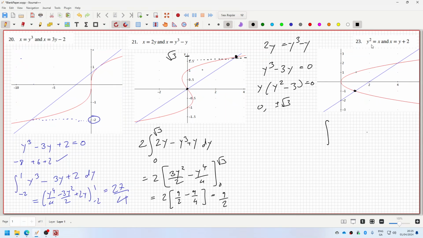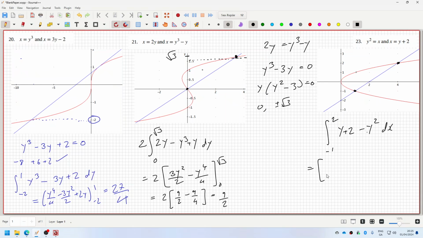Let's check. If y equals minus 1, I get x is 1 and x is 1. So that does look like minus 1. And this one here could be 2. 2 squared is 4 and 2 plus 2 is 4. Yep.